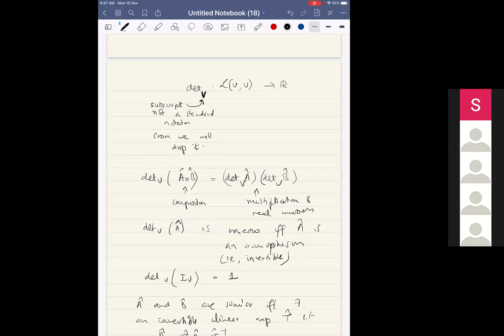Just stare at the page that is in front of you. And also think of the particular A hat.